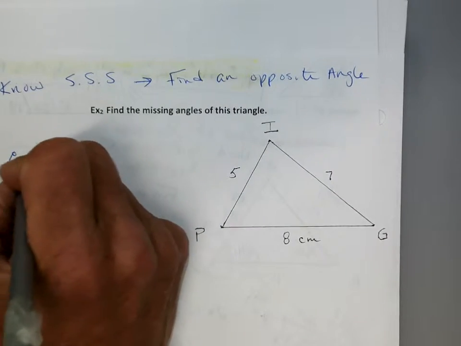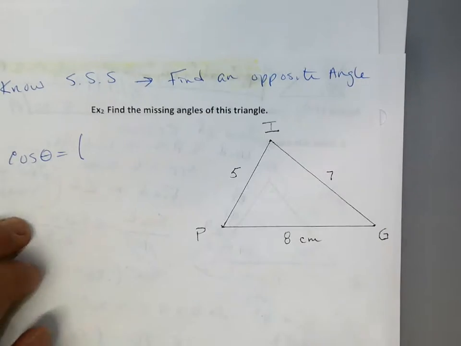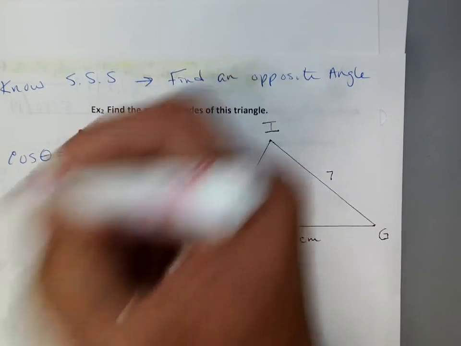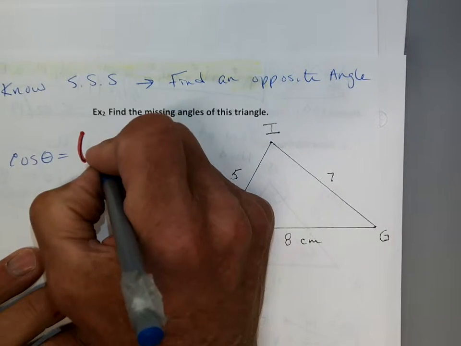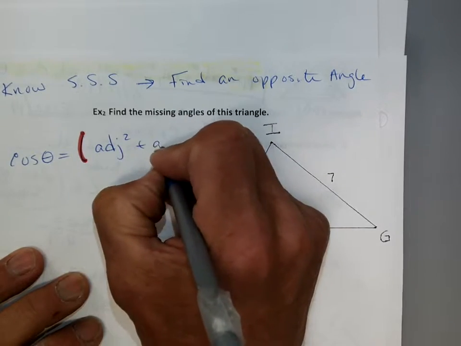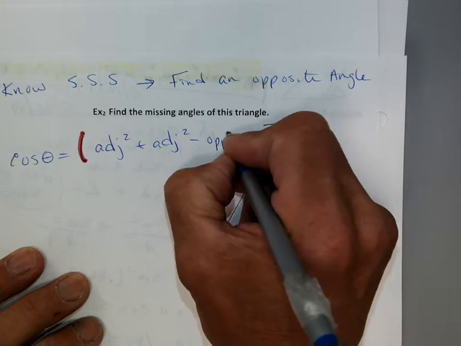And the formula is like this. It's going to go cosine of theta equals parentheses. Absolutely have to have parentheses, because if you don't have the parentheses in your calculator, it's not going to divide correctly. Okay? Parentheses. We're going to go adjacent squared plus my adjacent squared minus my opposite squared.